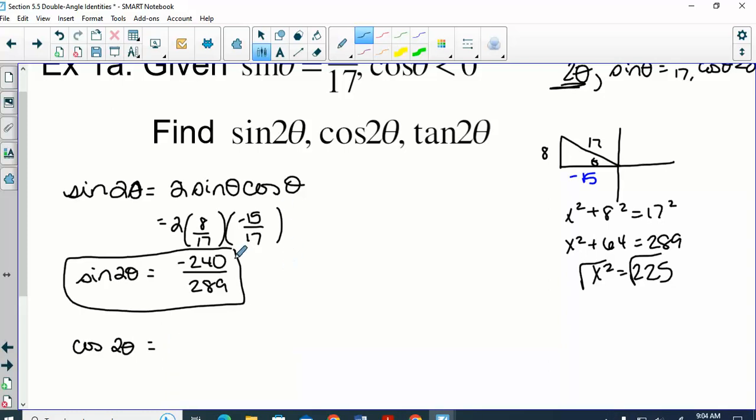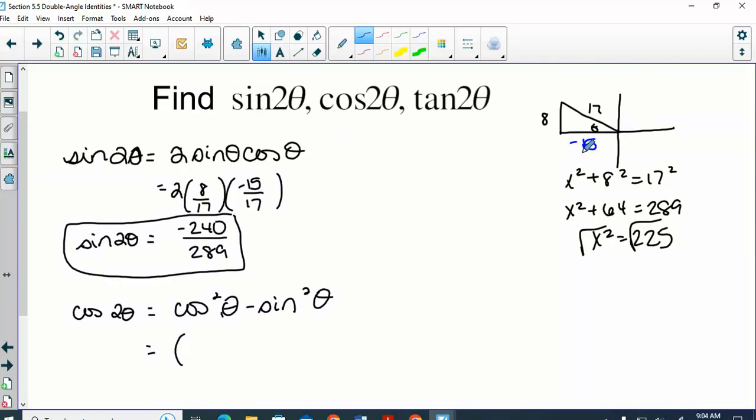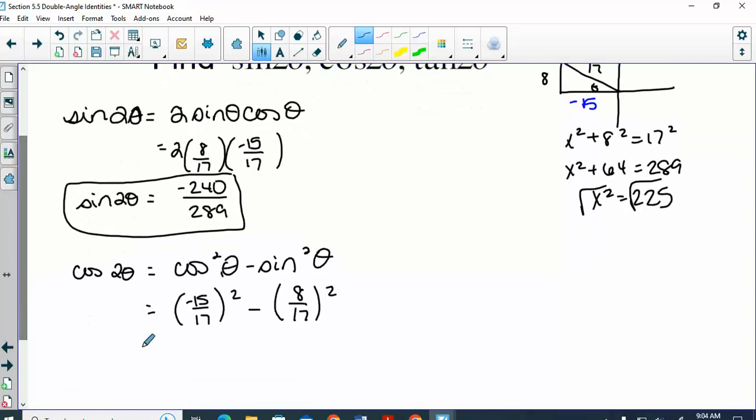So which one do you want to use? Cosine squared theta minus sine squared theta. Okay. So cosine of theta, my theta triangle, adjacent over hypotenuse, so that's negative 15 over 17 squared, minus sine of theta was 8 over 17 squared. So then we just calculate.